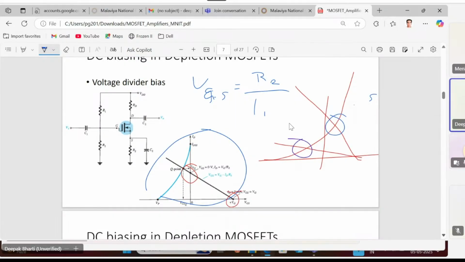If we have to operate the depletion MOSFET in the depletion region, then we have to adjust the component values such that the slope of the load line is less and the intersection takes place in the depletion region. And if we want the depletion MOSFET to operate on the enhancement side, we have to adjust the component values such that the slope of the line is more and the intersection takes place in the enhancement region.